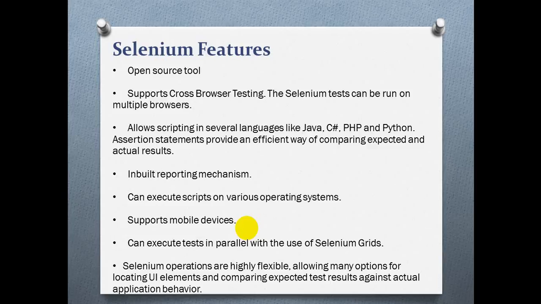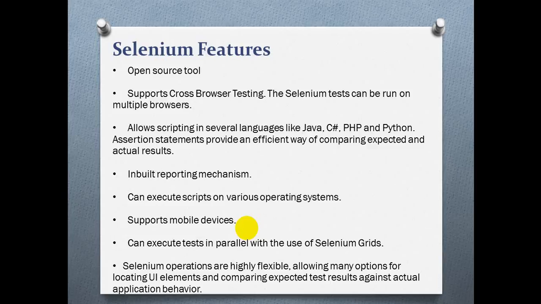And as we discussed, Selenium will support so many languages like Java, C#, PHP, Python, Ruby. And one more thing is, Selenium has an inbuilt reporting mechanism. All these features we will be discussing in detail in our further sessions. Right now we are just trying to understand the overall features of Selenium.